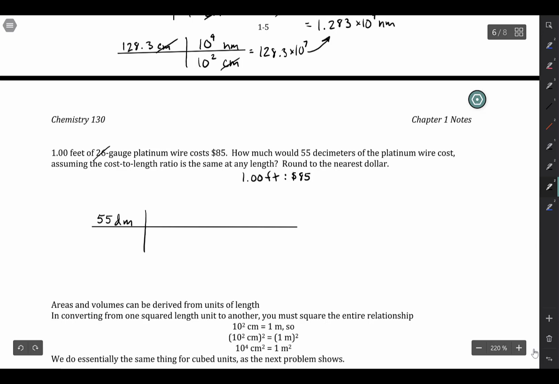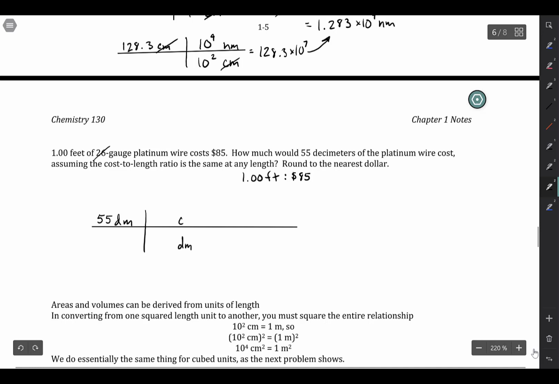I want to get that to feet. So what I need to do here is, let's just go to centimeters, because we know the relationship of centimeters to inches. Normally, as I said before, I would recommend going from decimeters to meters and then meters to centimeters.